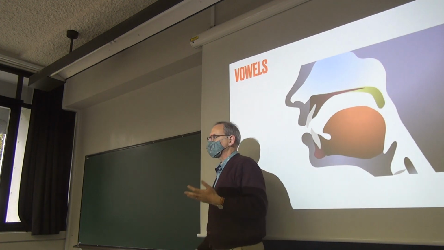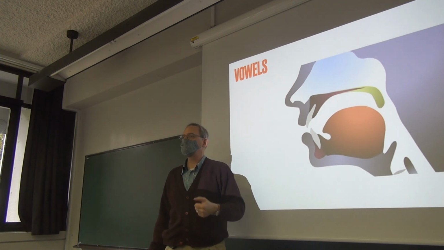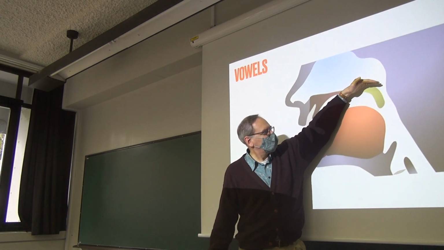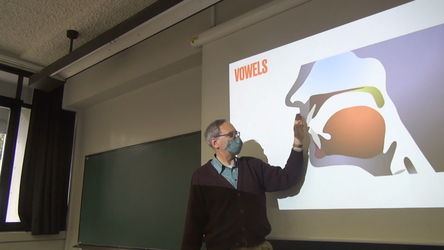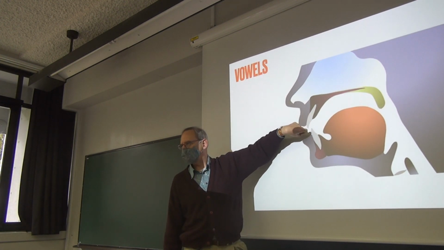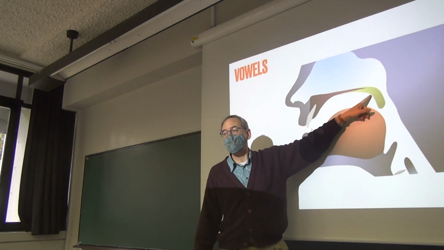Now for English, nasals are only stops, which means we stop the airflow through the mouth. So if the velum lowers, someplace we're going to be stopping the airflow in the mouth, either at the lips, or behind the teeth, or at the back, ng.